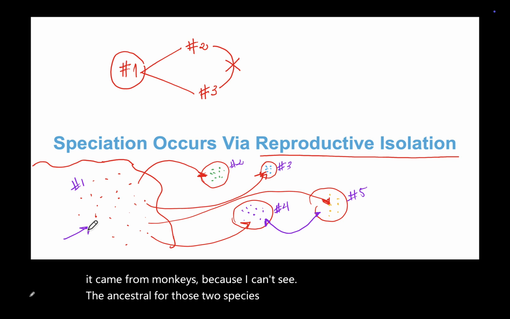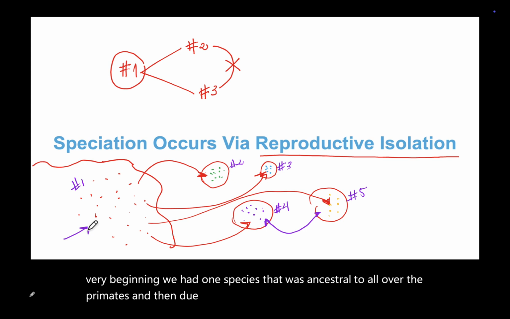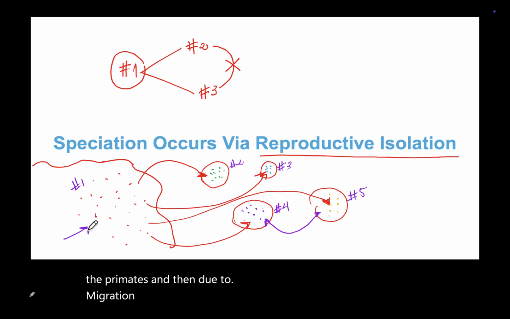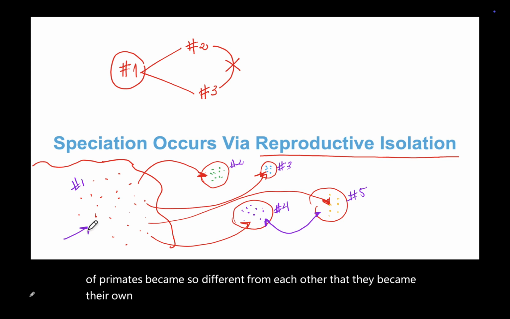That's the thing. At the very beginning, we had one species that was ancestral to all of the primates, and then due to migration or genetic drift or even natural selection, those species of primates became so different from each other that they became their own independent species.